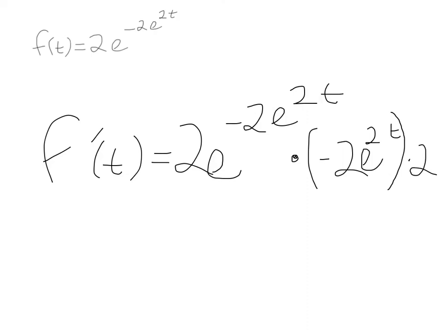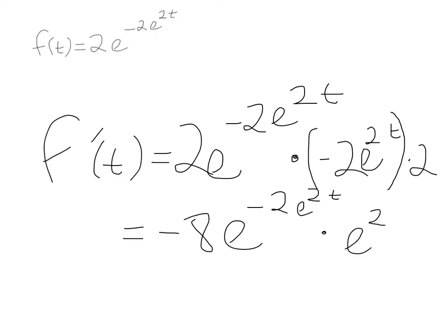Now I can simplify. Usually what I'll do is bring this 2 out, bring this 2 out, and multiply those 2 times 2. And so what finally it comes out to be is 2 times 2 times 2, and there's a minus sign, minus 8 e to the minus 2 e to the 2t times e to the 2t.